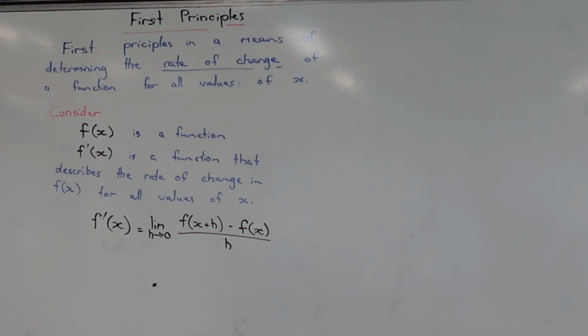What did you say h was? h is the distance between this orange line and this orange line. And how can we see that? If we go across to this one, see how when h is 0, they're on top of each other.